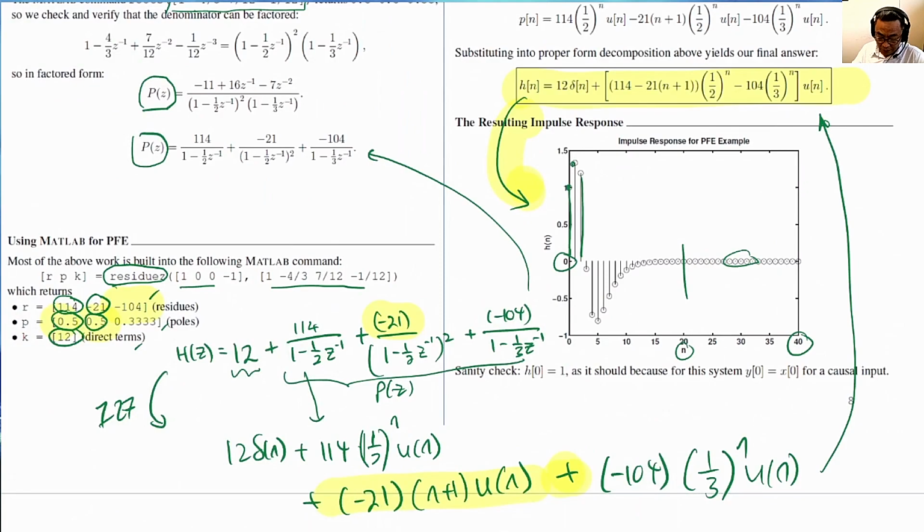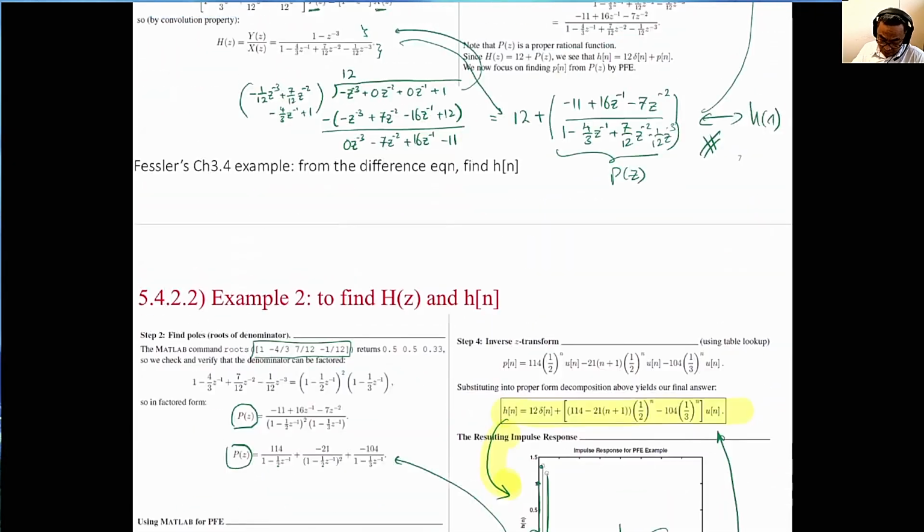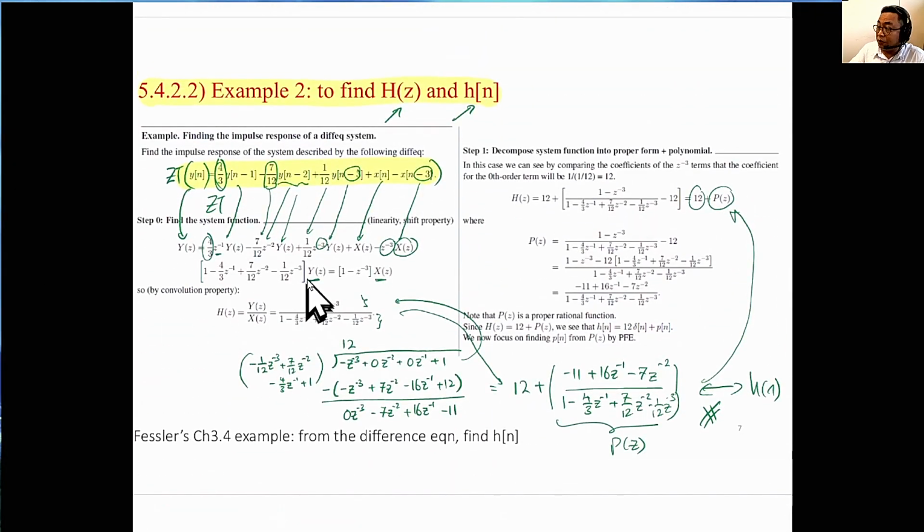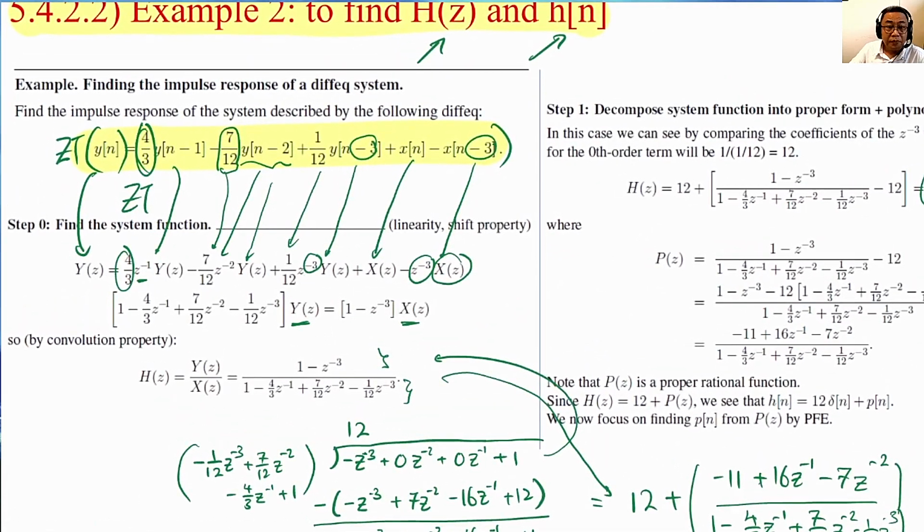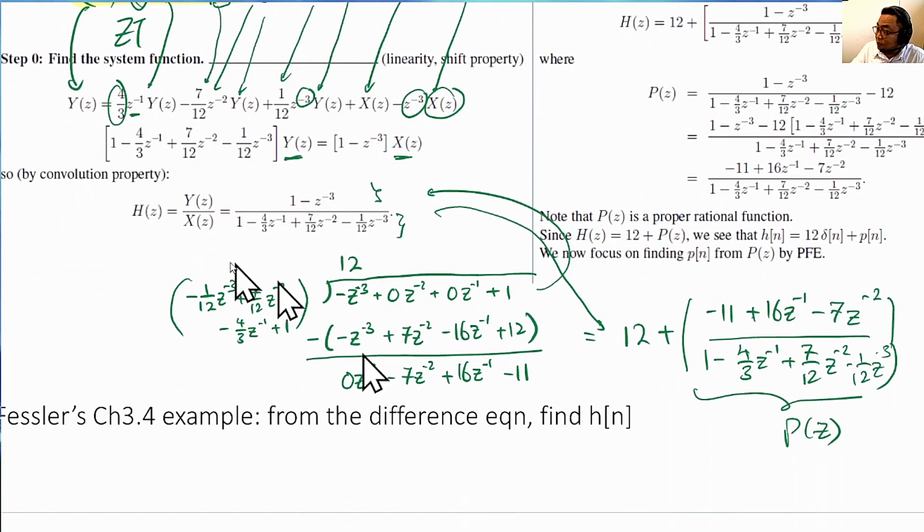So in summary, to perform this question, what we did was we took the z transform of a difference equation to find the transfer function. We found that the transfer function is improper. We used long division to find the coefficients, to make the equation into proper form, which is 12 plus this P of z, which is a proper rational function.